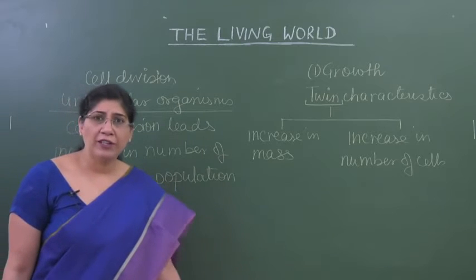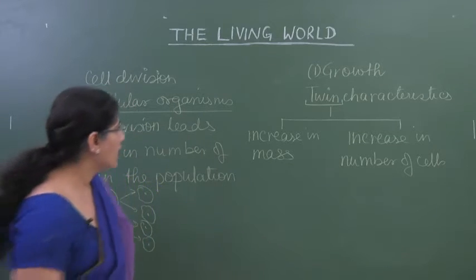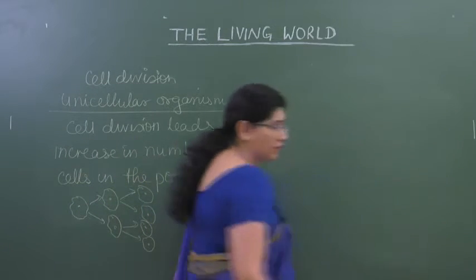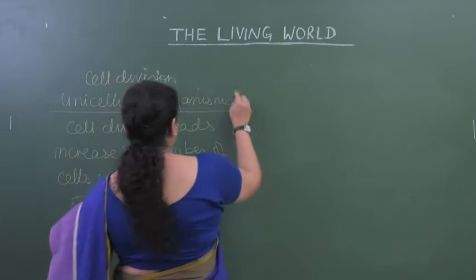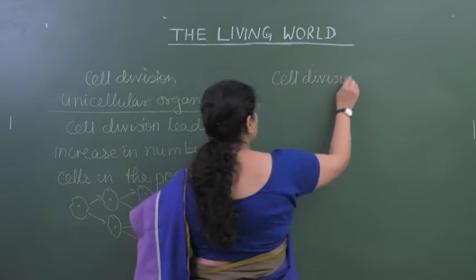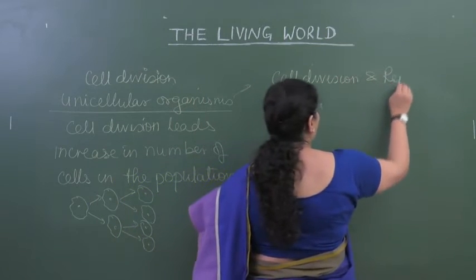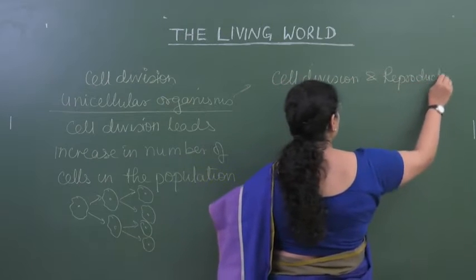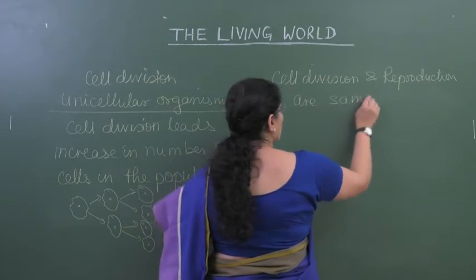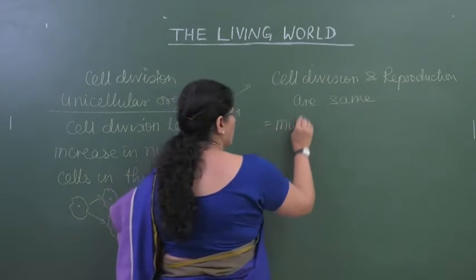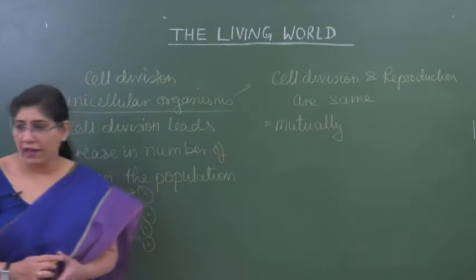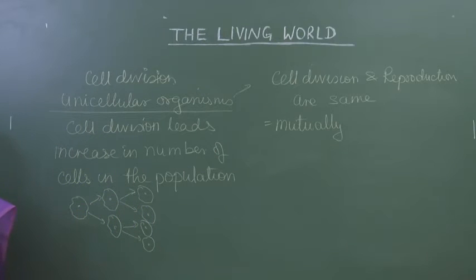Isn't it same as reproduction? In unicellular specifically, this means cell division and reproduction are same, or we say they are which type of characters?